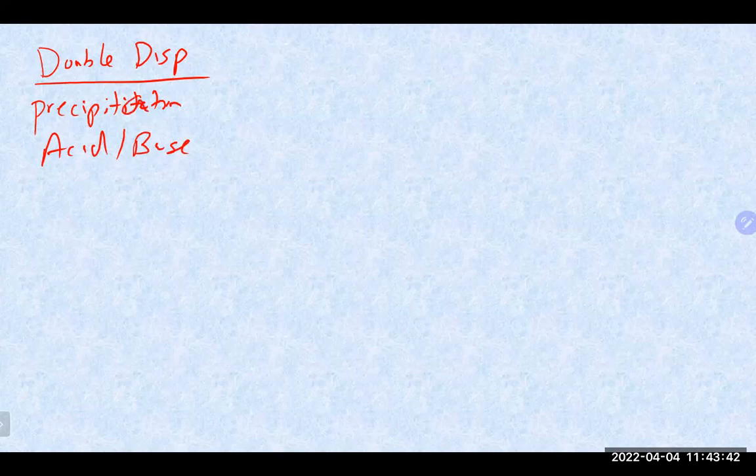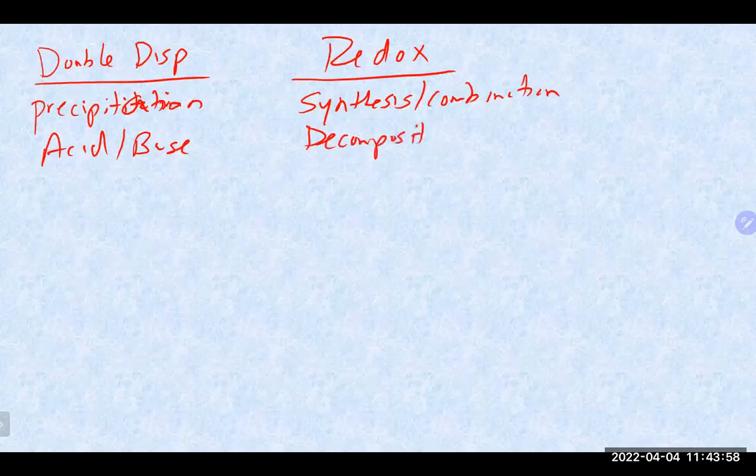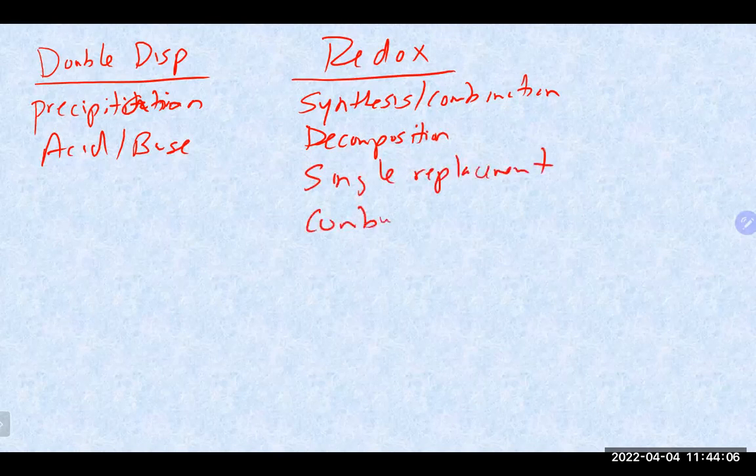Our redox is our other big umbrella, for which we have more specific ways of classifying: synthesis or combination, decomposition, single replacement, and combustion reactions. So again, the top one is the big classification of reactions, and underneath is a more specific way you could classify those types of reactions. Any questions on any of those classifications?